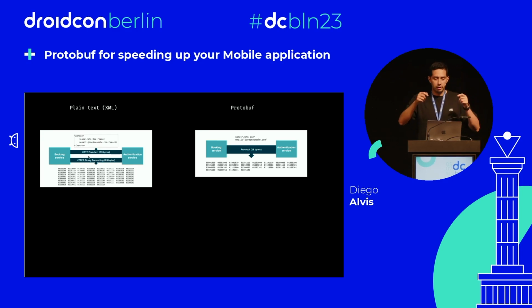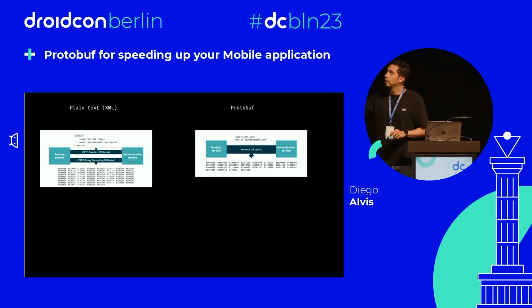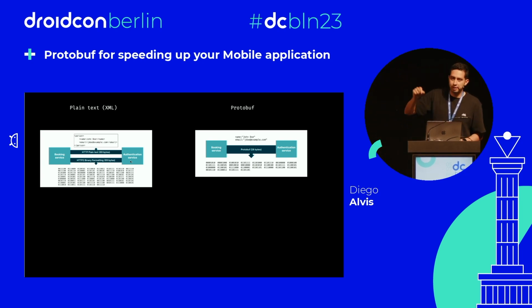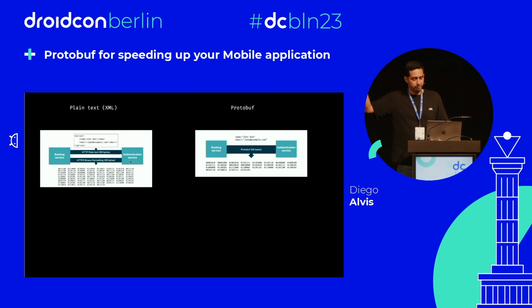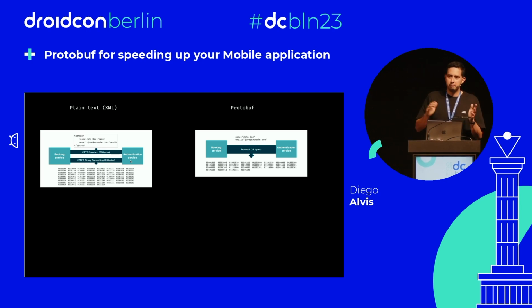So in XML, when we send the information using plain text, this payload will have around 69 bytes, right? But on the other side, with Protobuf, as we're getting rid of the keys, we have 28 bytes for exactly the same information as the other one, right? So we have almost half of the data that is being transmitted.